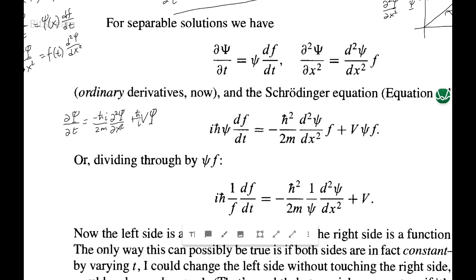So we are just going to take that and replace it with lowercase psi df dt, and then we have minus h bar over 2m, and then we get our regular derivative, and then f, and then plus h bar over i, and then we have V, and then instead of capital Psi, I'm going to write lowercase psi f.